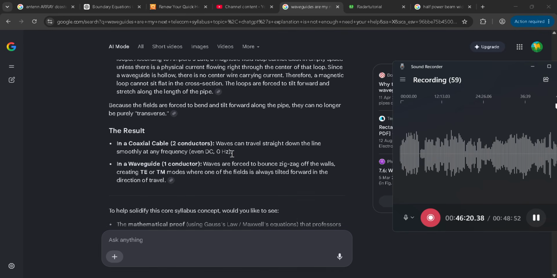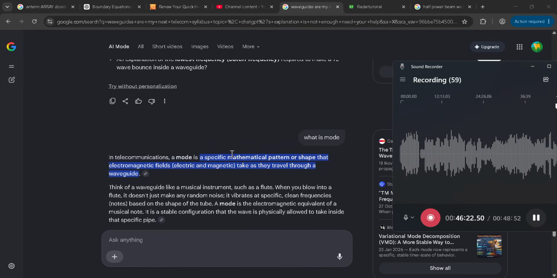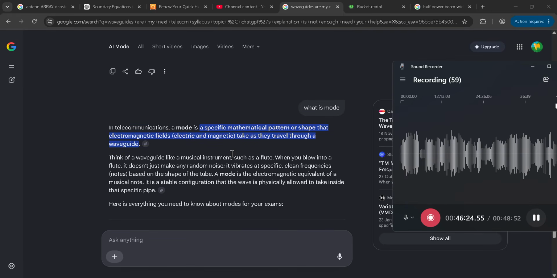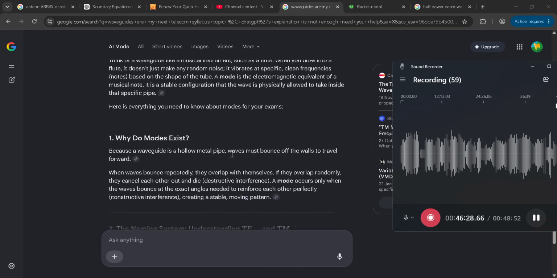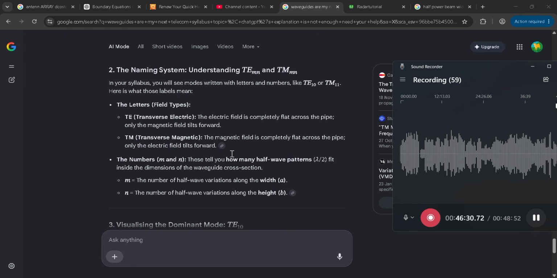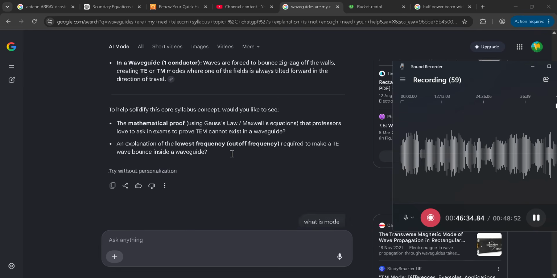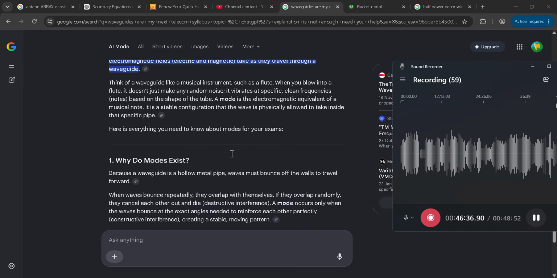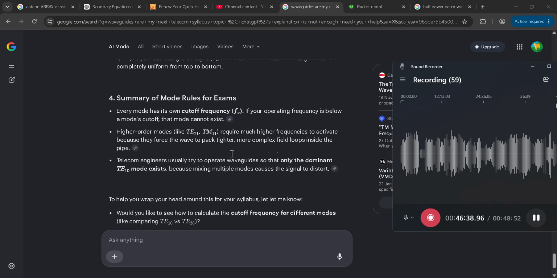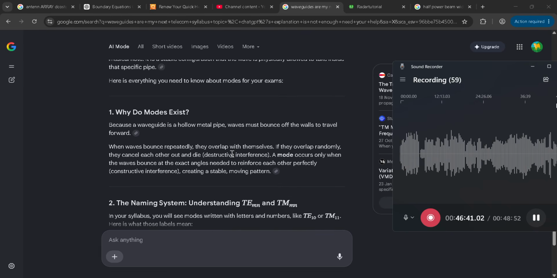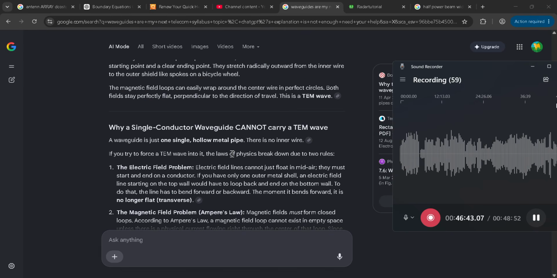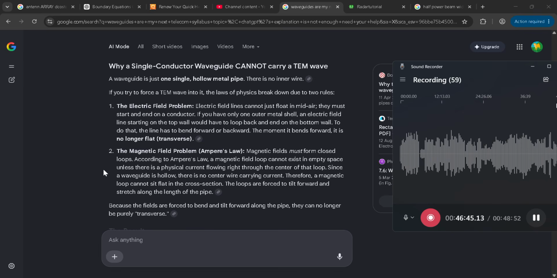Ampere's law: magnetic fields must form closed loops. The magnetic field loop cannot exist in empty space unless there is a physical current flowing right through the center of the loop. Since the waveguide is hollow, there is no central conductor carrying current. Therefore, a magnetic loop cannot sit flat in the cross section. The loops are forced to tilt forward and stretch along the length of the pipe.